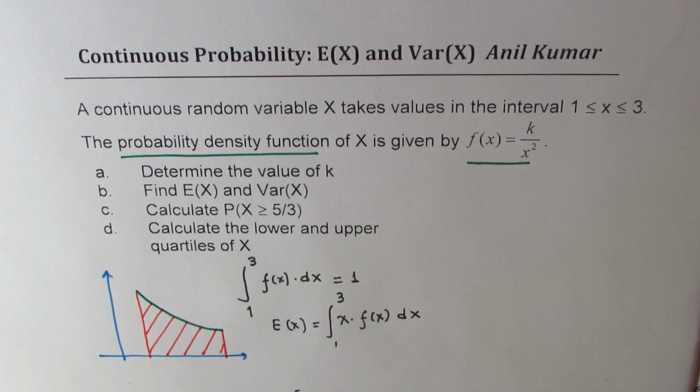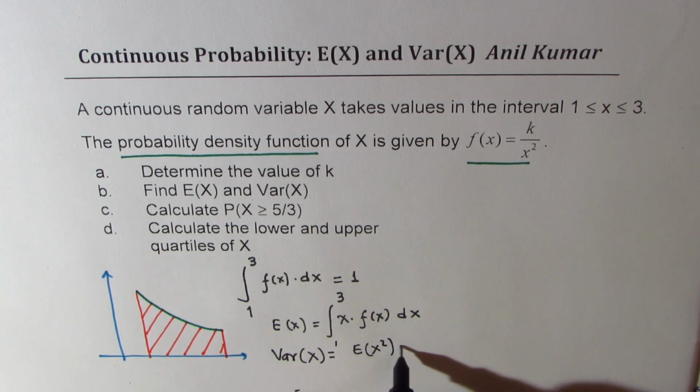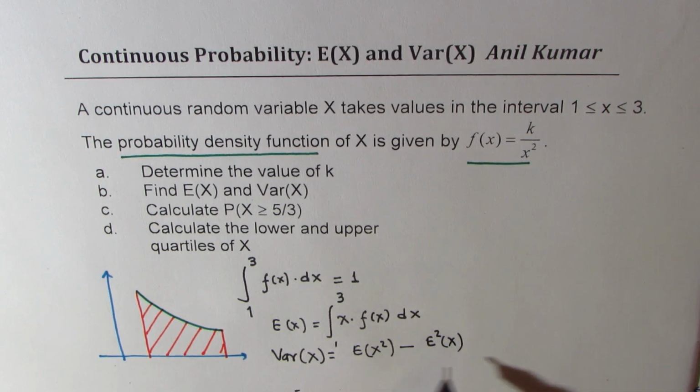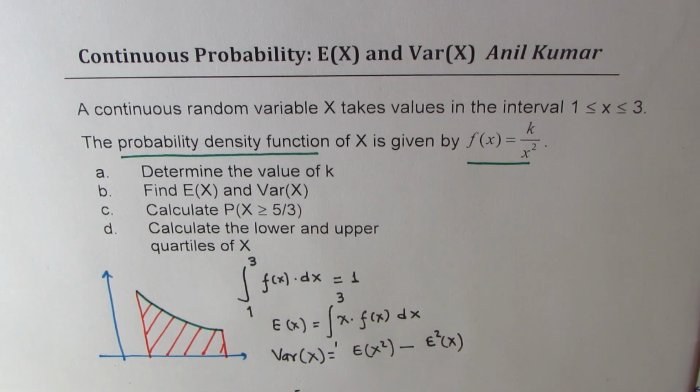As far as the variance is concerned, variance is equal to the expectation of x squared minus square of the expectation. Now we'll take the value of expectation, square it, and then we'll be able to find the variance.